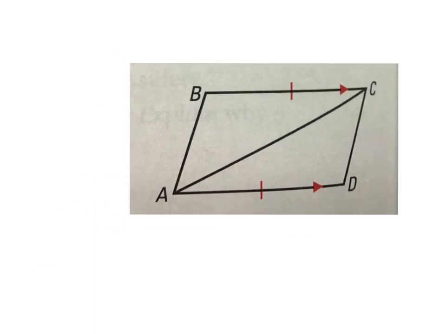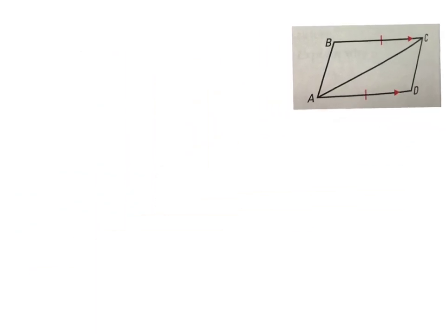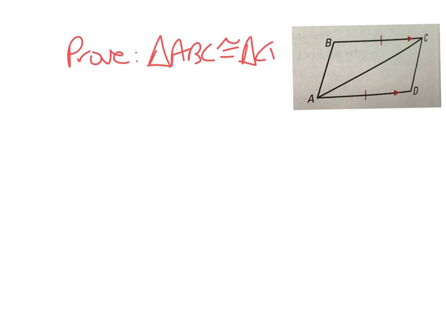Let me take a picture of this shape. Okay, so we have two triangles here, and they want you to prove that triangle ABC is congruent to triangle CDA.